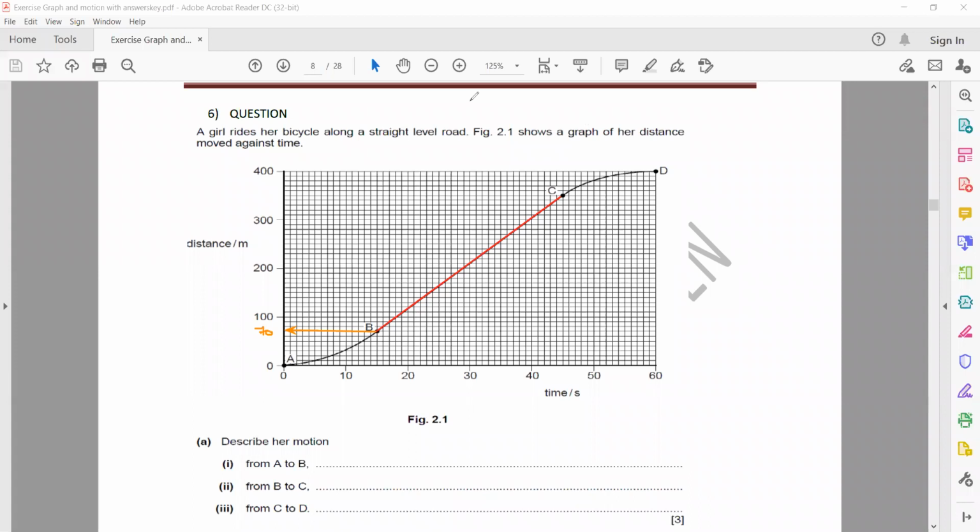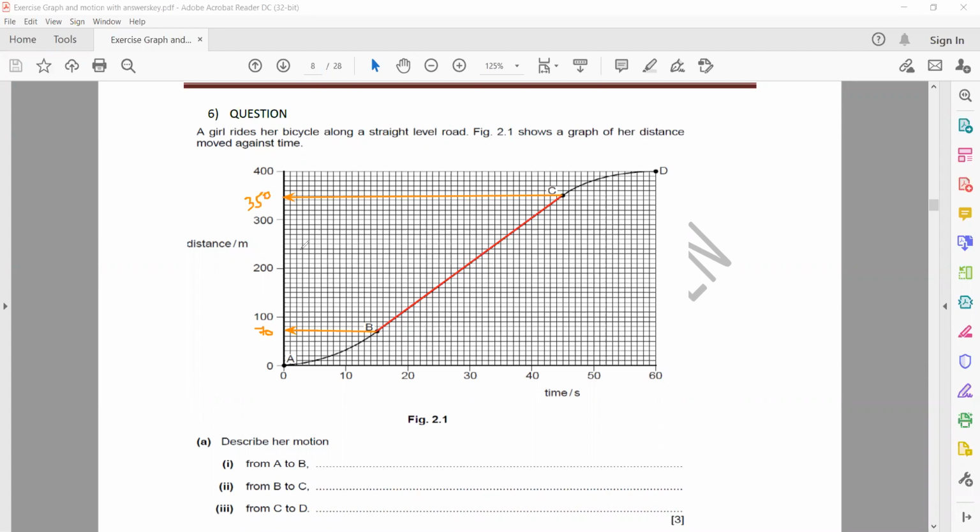And the distance at C, 310, 20, 30, 40, and I guess it will be 350 as it is in between.